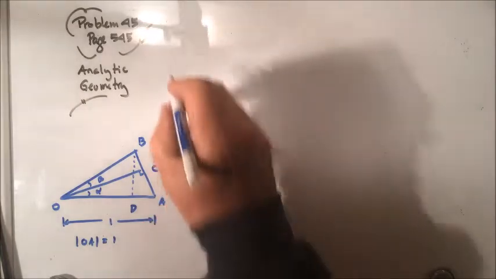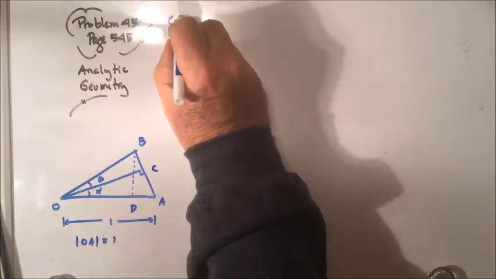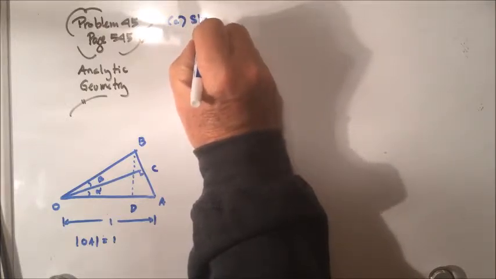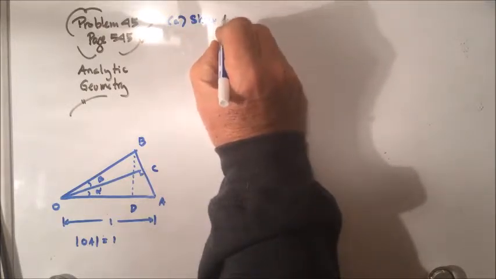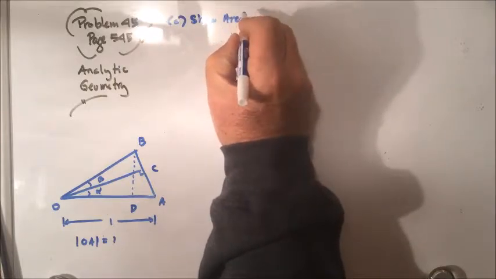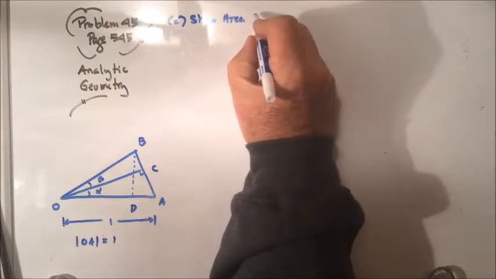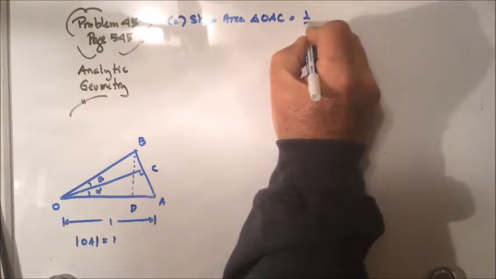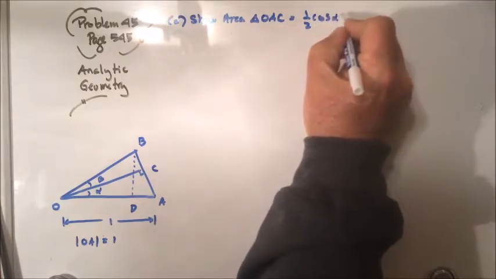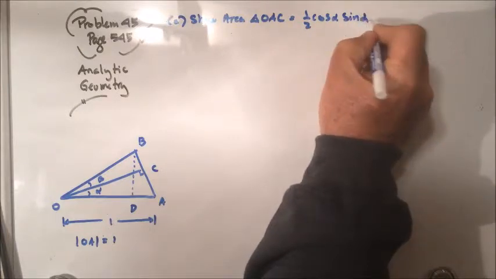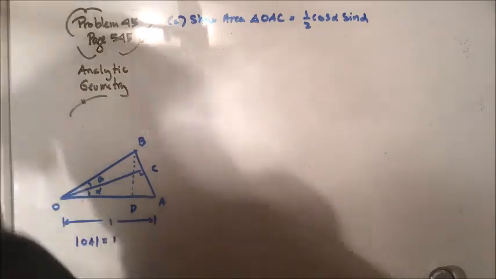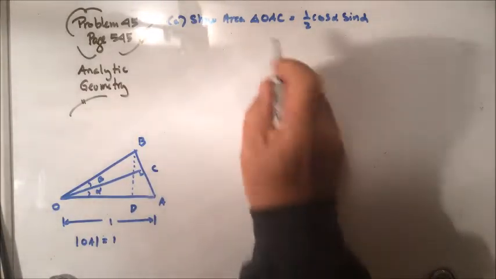The first question says show that the area of triangle OAC is 1/2 cosine alpha sine alpha. All right, let's dive into that. Area of OAC.